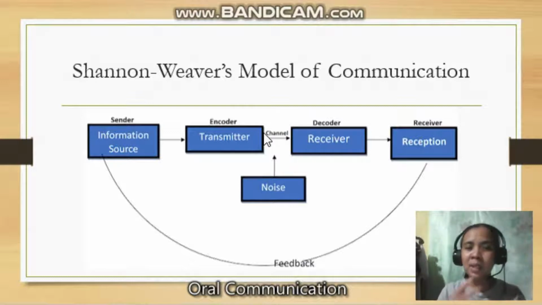Now, sometimes when messages are made through the telephone, there is static, or sometimes there is absence of signal. These are considered noise based on Shannon-Weaver's model of communication. Once the source produces a message, the message will be converted into waves, like when a voice is converted to wave signals, right?